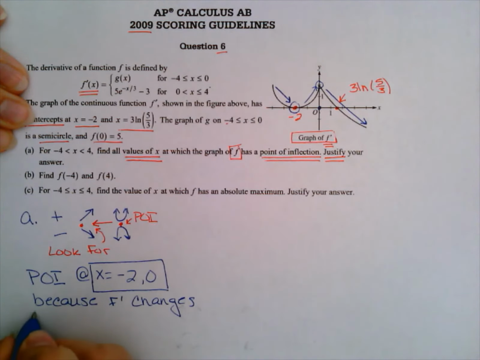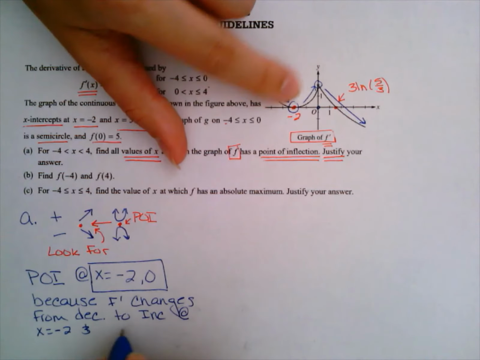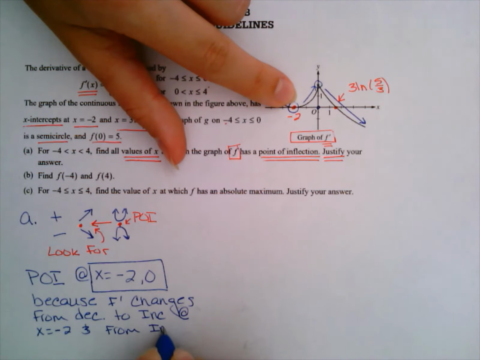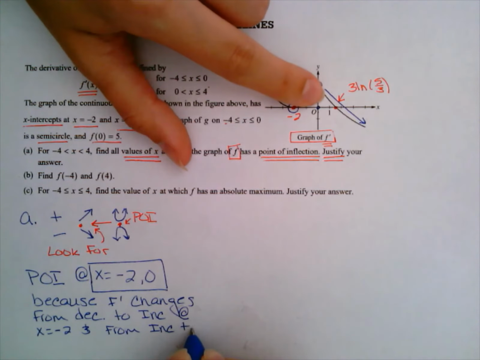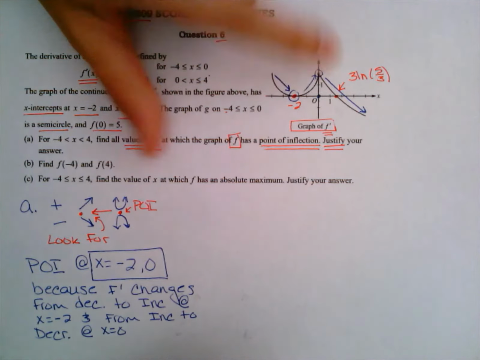Changes from decrease to increase at x equals -2, and then it changed from increase to decrease at x equals 0. Okay?